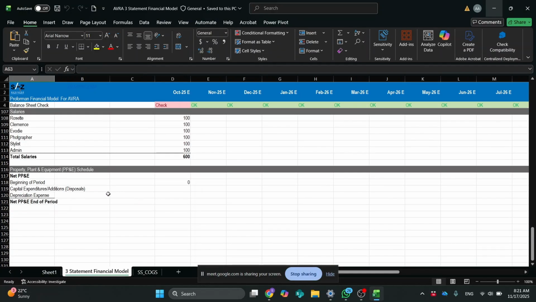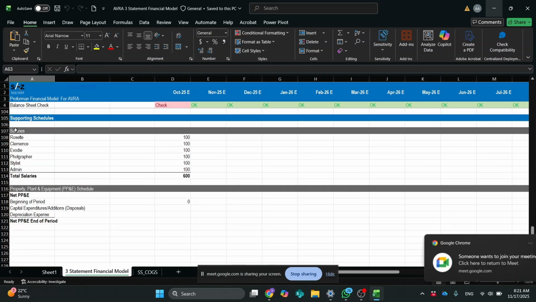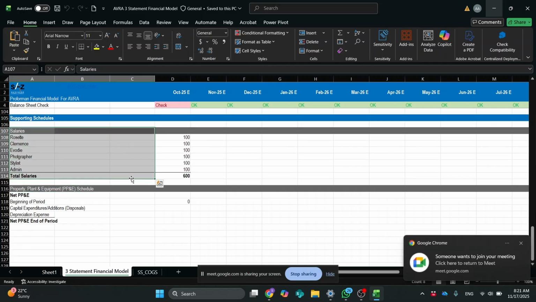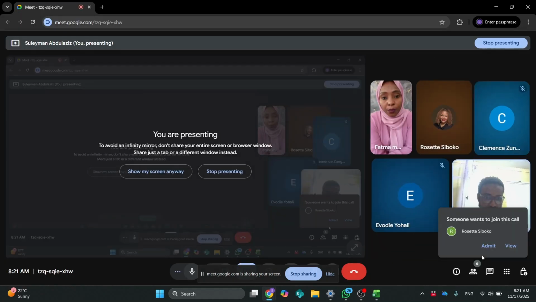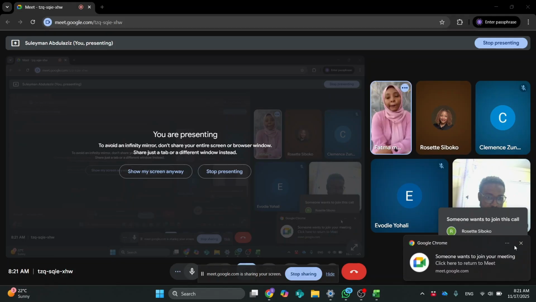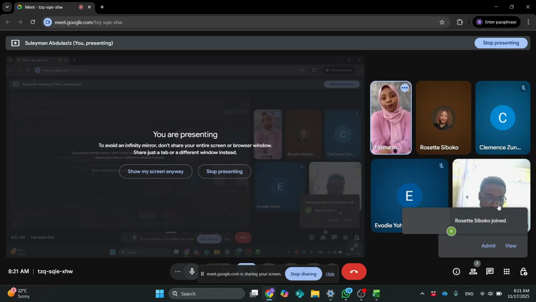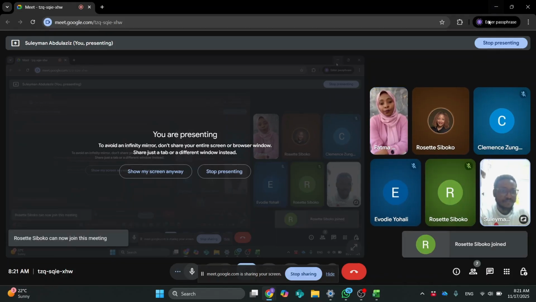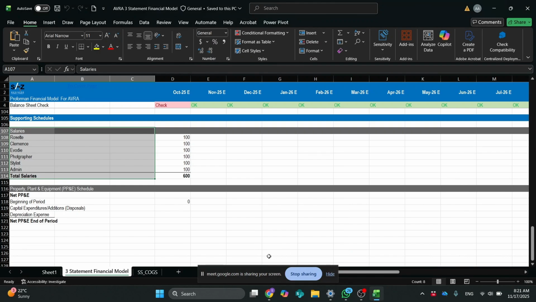What I need is this section. We want a manpower budget. Just a second. Somebody wants to join. Okay. So we want to understand the manpower budget.